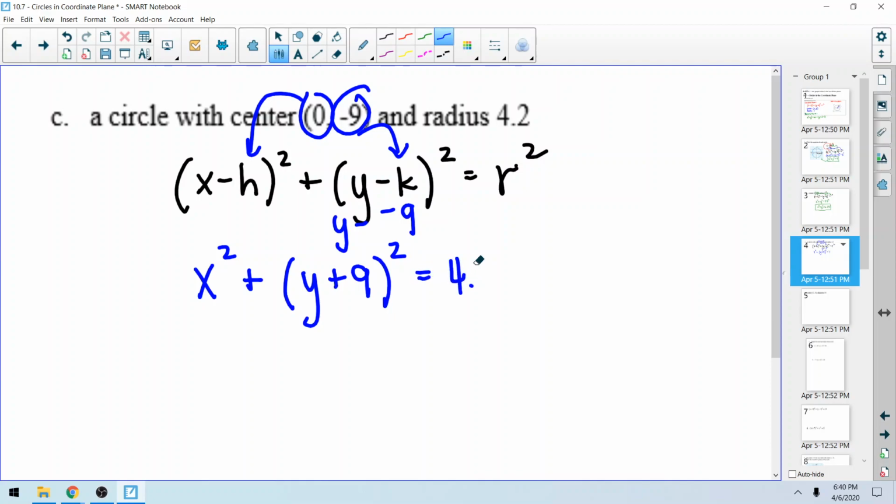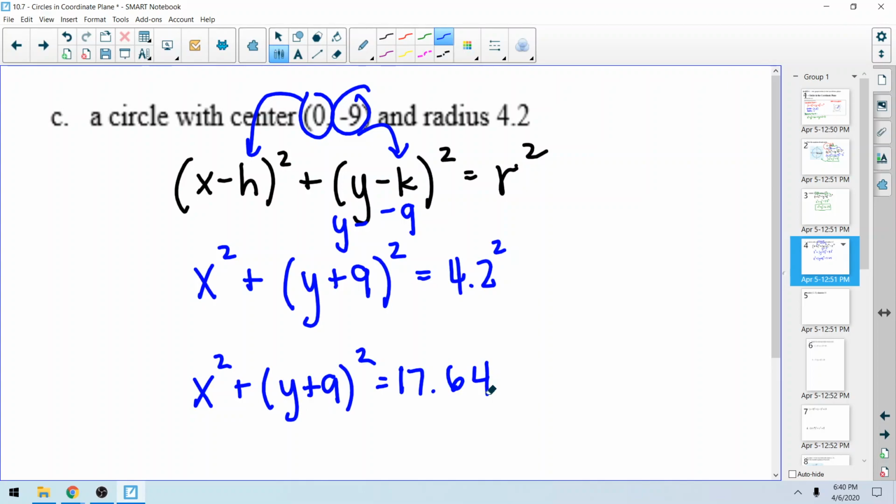Equals r squared. So then last thing we have to do is 4.2 squared is 17.64. So we have x squared plus, in parentheses, y plus 9 squared equals 17.64.